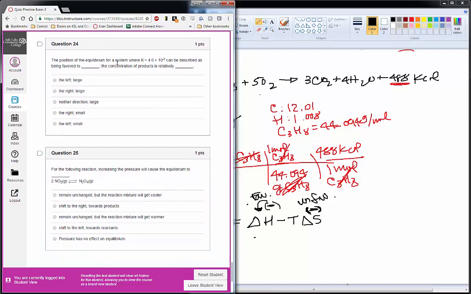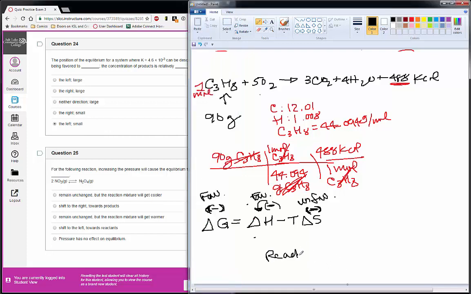Position for the equilibrium of a system where K is 4.6 times 10 to the negative 3. That's much less than 1, so that's going to be favored to the left, or reactants. The concentration of products is relatively small, so the left and small. So that is to say reactants go to form products.